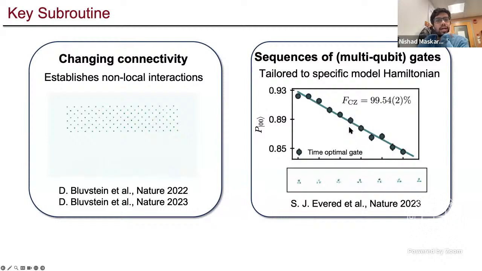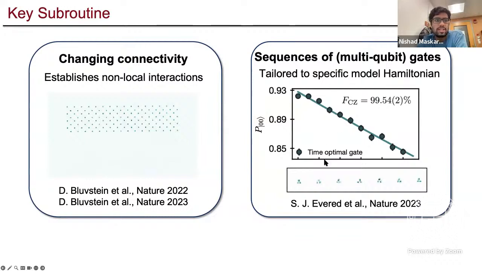On the other side, we will also be using native hardware interactions in order to engineer efficient gate operations, quantum logic operations. And specifically, we're going to be developing multi-qubit gates, which are tailored to specific model Hamiltonians.